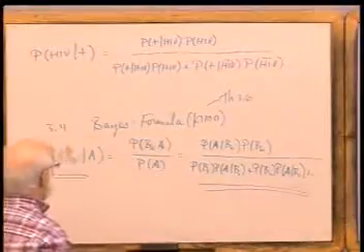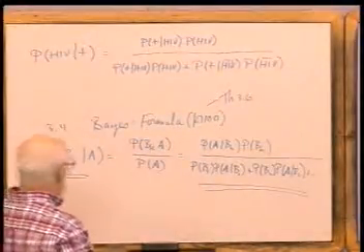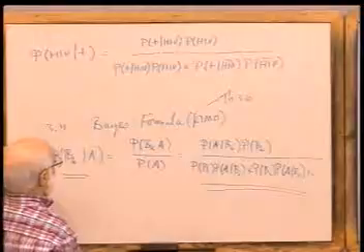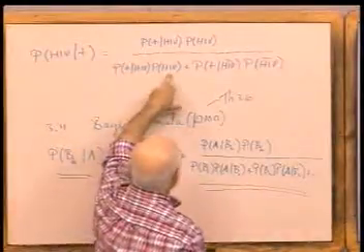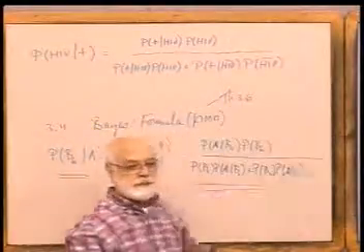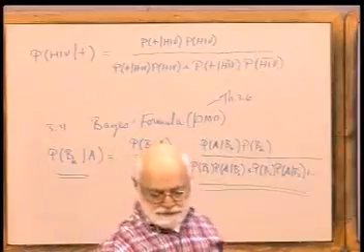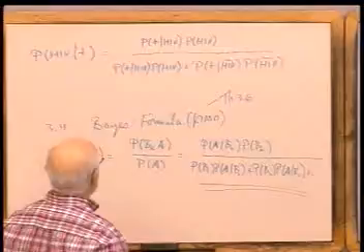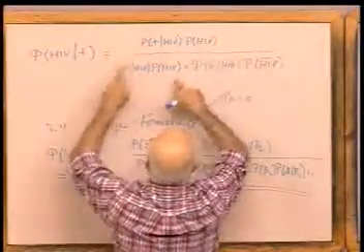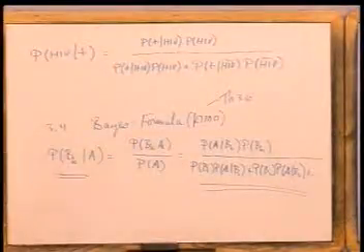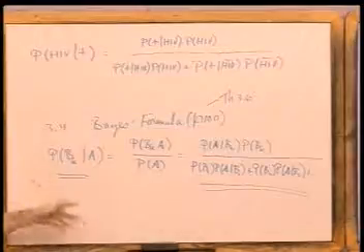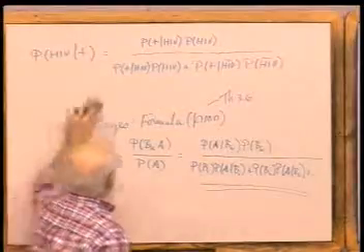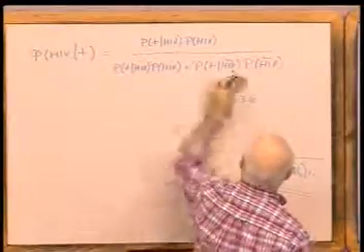So this is simply Bayes' formula right here, for the case in which this is B1 and that's B2. Okay? And notice that this term is exactly the same as that term. So now all I have to do is plug in these numbers, and I'm done. So I can erase Bayes' formula right here.